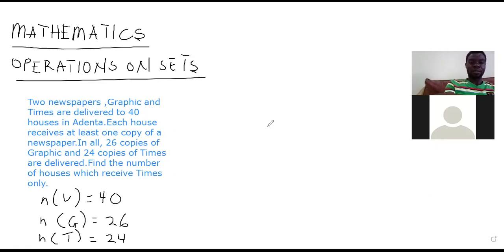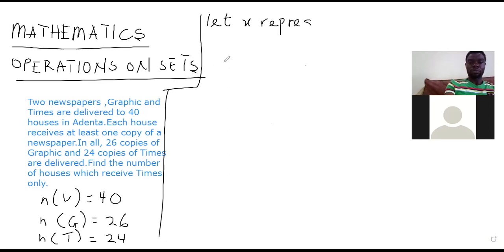So let X represent the number of houses that receive both Graphic and Times.